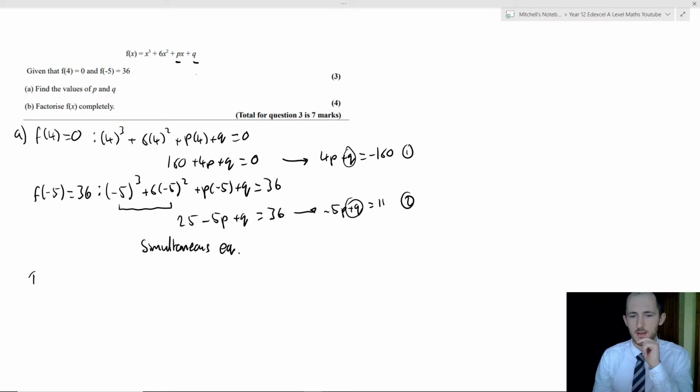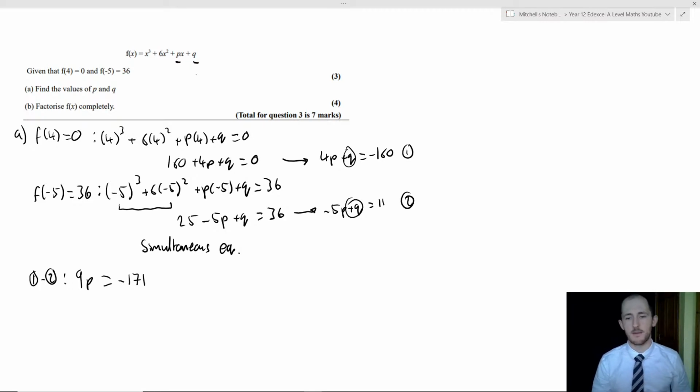So if I do 1 minus 2, it doesn't matter which way around you do it, we have 4p minus 5p, which is 9p. Q minus q is nothing, so that equals, with minus 160 minus 11 is minus 171.